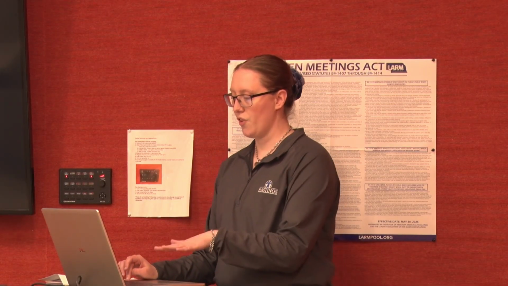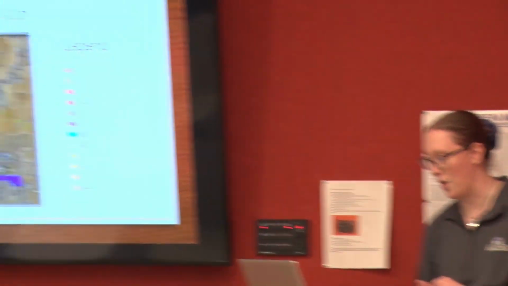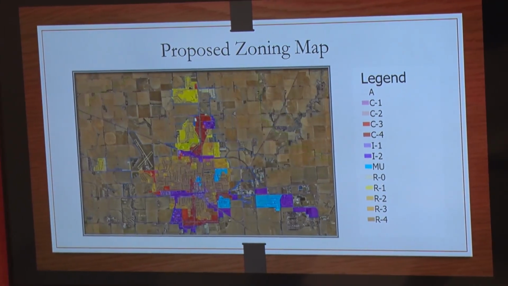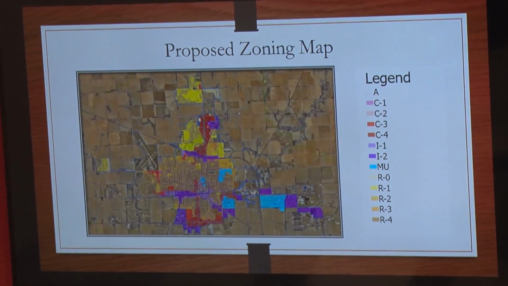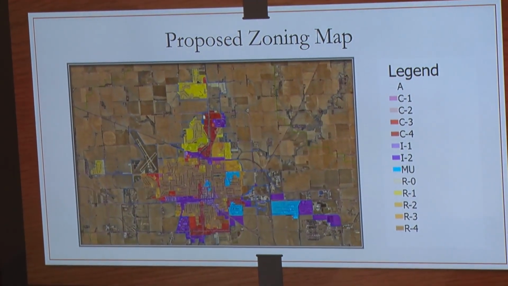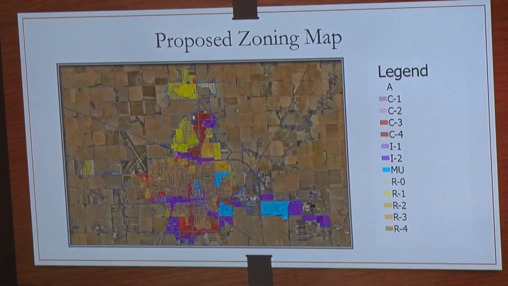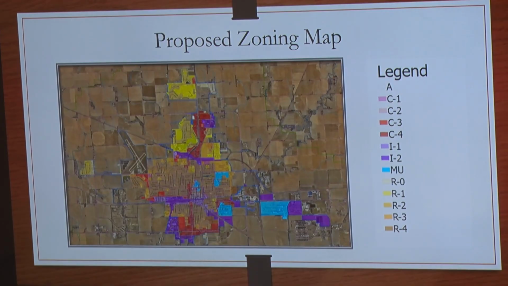So then from there, it's obviously important to know where those things are on the map. I know you can't quite see this map. I do have a more zoomed in version that we can take a look at. Basically, we had the computer, we input the future land use of the property, the existing zoning, as well as the existing use of the property, and had the computer spit out what it felt was the best zoning district for that area.